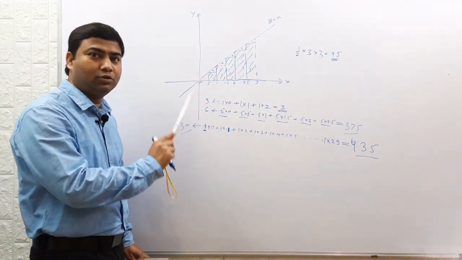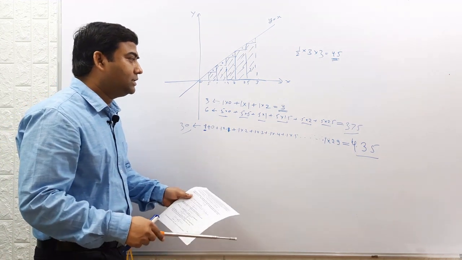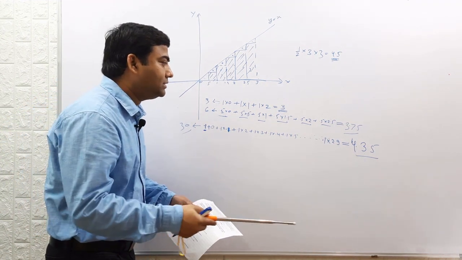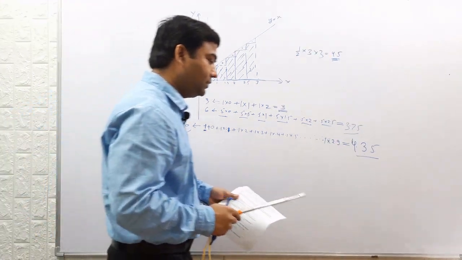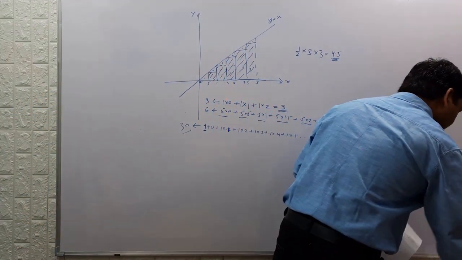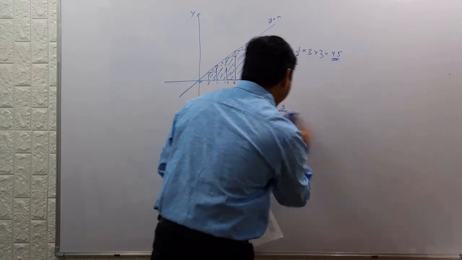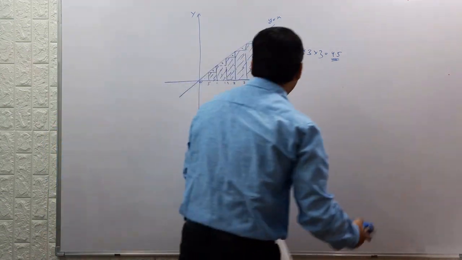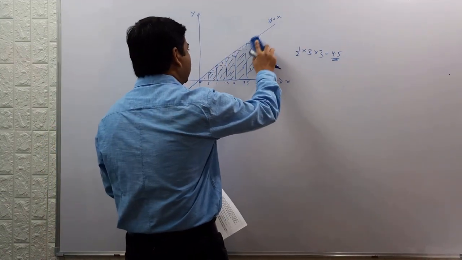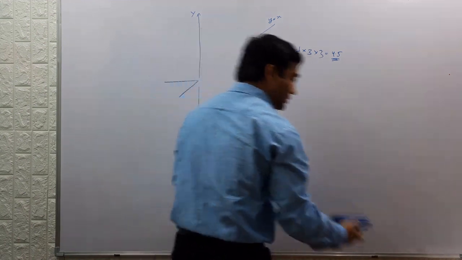That is the method of exhaustion. So integration is nothing but an enhancement of the method of exhaustion. So how will we actually integrate it? How will we use integration to calculate this area? Let us draw this again.